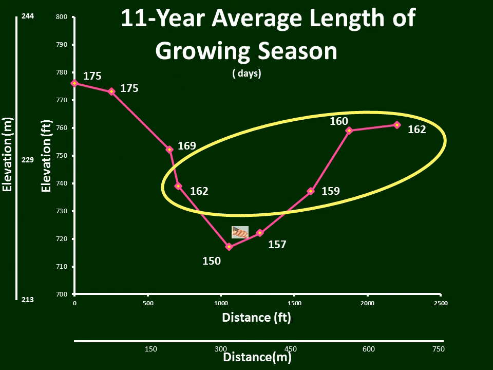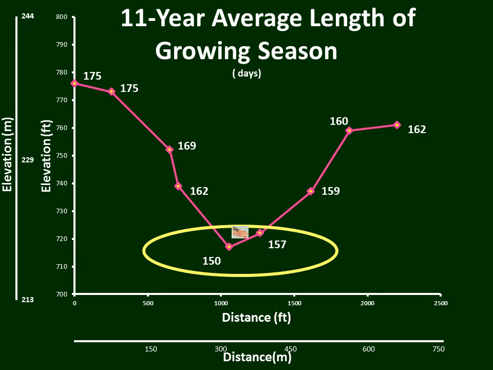However, when we look at these 4 sites, we've come down a peg. We've come down to growing seasons that average 159 to 162, or a couple weeks or so less than the first 3 sites that we talked about. And then when we get to the bottom, oh my gosh, when we get down in the valley near the flagpole, the average length of the growing season there for those 2 locations is only 150 to 157 days.